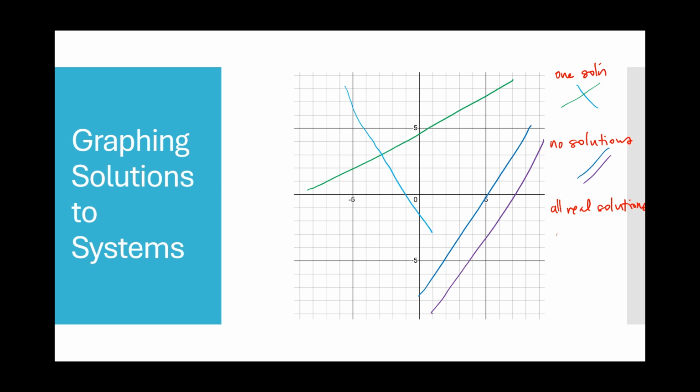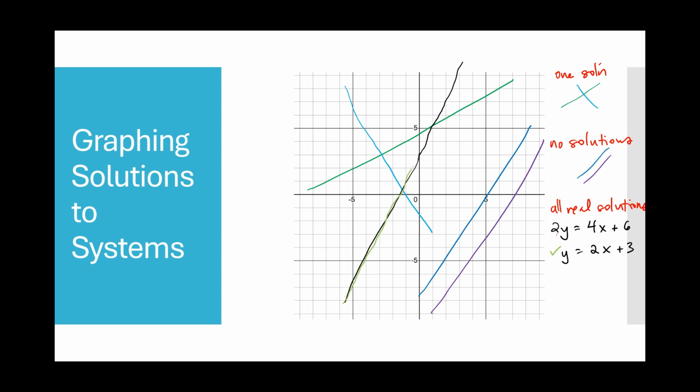And then all real solutions. In this, you might have an equation like 2y equals 4x plus 6 and an equation like y equals 2x plus 3. That one's hopefully obvious of how those are the same equation, but they might be more complicated than that where they don't necessarily look identical when you first sit down to them, but then when you try to graph them, they come out to being the exact same line.